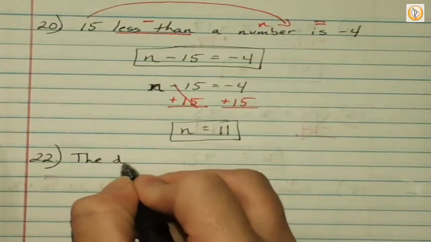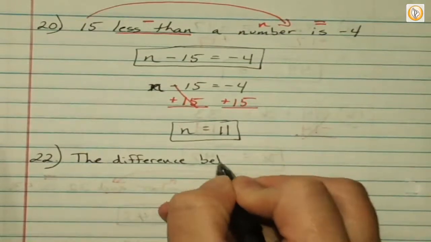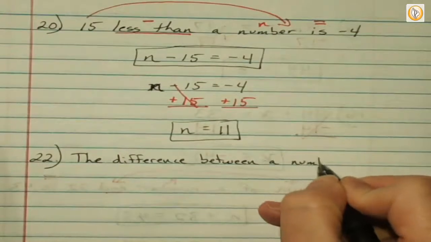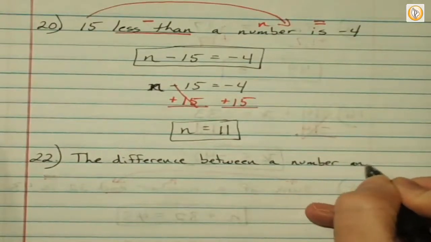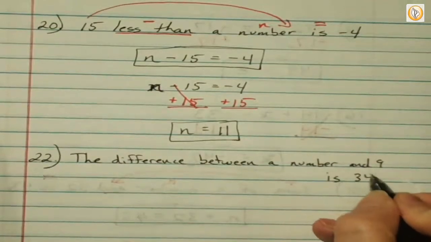Tanner, you want to do this? Yes, ma'am. All right, the difference between a number and 9 is 34.